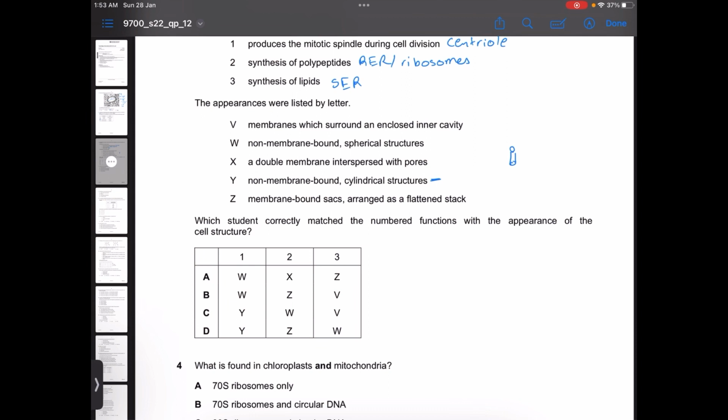W is this non-membrane bound spherical structure. Ribosomes or rough ER are non-membrane bound. It is correct, and it is a spherical structure. And smooth ER is basically a membrane surrounding an enclosed inner cavity. So the correct option is C.